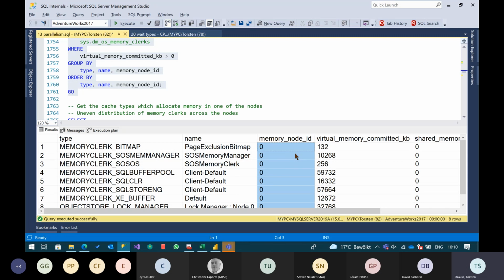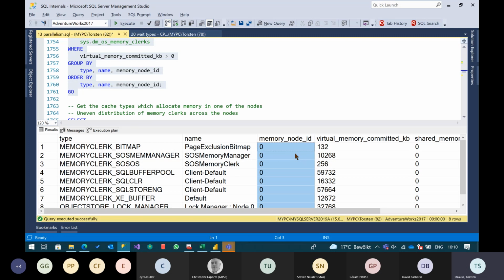That means here you already get an idea which kind of data can be exchanged between NUMA nodes. For example, the pages are bound to a specific NUMA node. Now consider that you have something like a table scan, and the table scan will scan, I don't know, millions of pages across 2 NUMA nodes. That means SQL Server needs to exchange data between the NUMA nodes, which can take much, much more time.